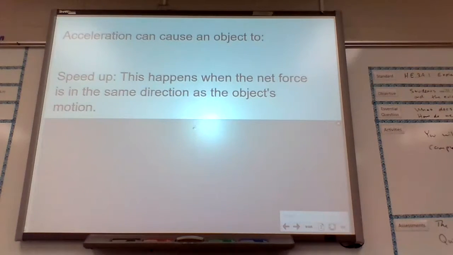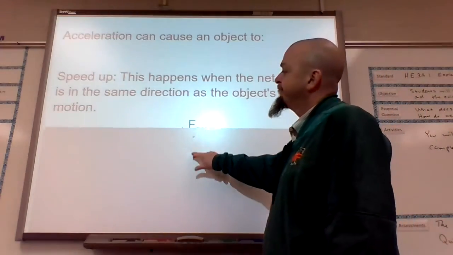Again, the second law tells us when a net force is applied to an object, it'll accelerate in the direction of that net force. This is just making it a little more specific. If that net force is in the same direction as the object's motion, we will see that acceleration as a speeding up.